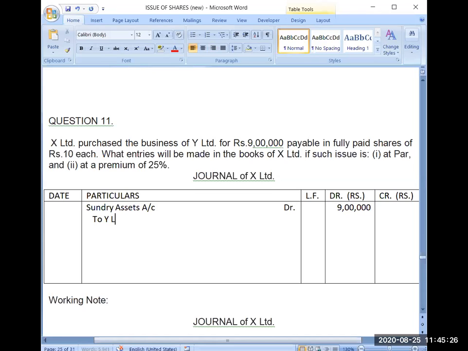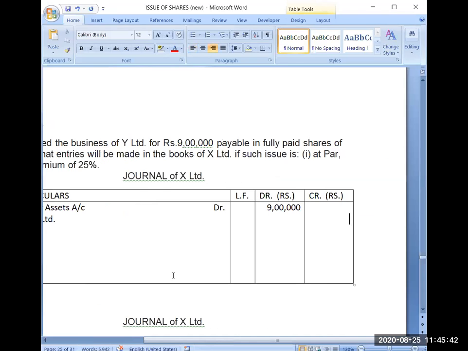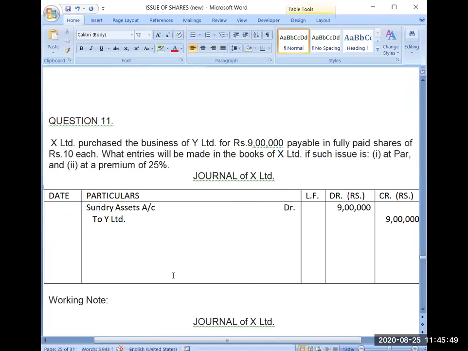That is the biggest mistake they do. They were doing the question right, but because they write X Limited here, the whole question was wrong. So be careful in writing journal entries. You have to attempt the question in the same manner which I am telling you. To Y Limited. Now the amount due to Y Limited will be 9 lakh.